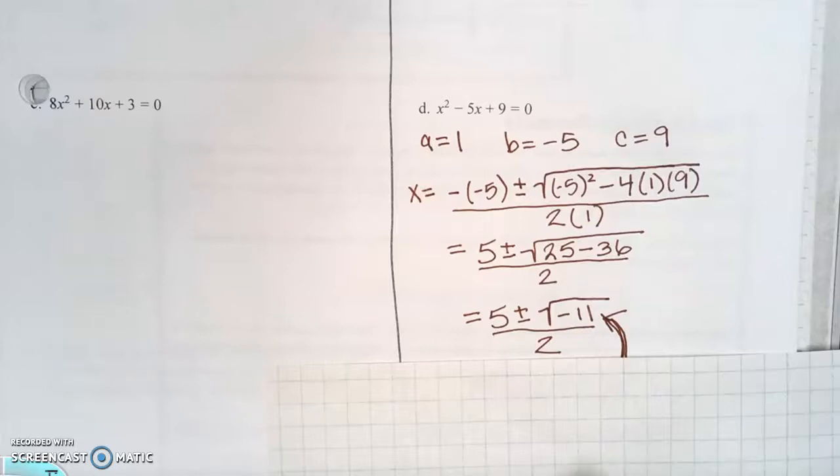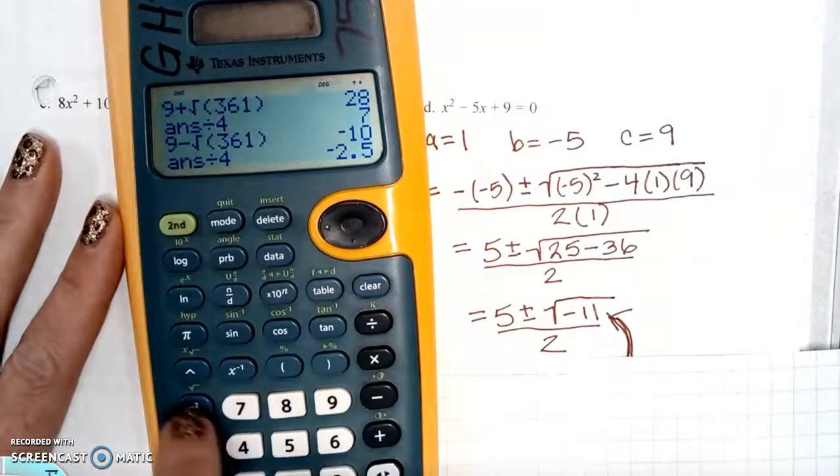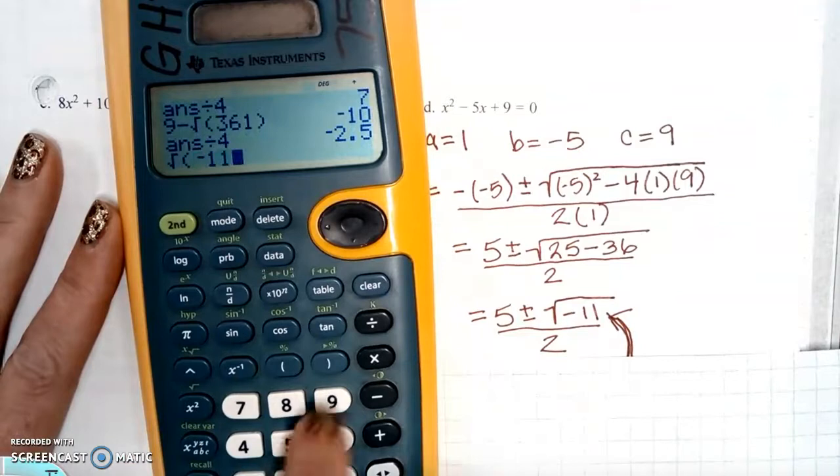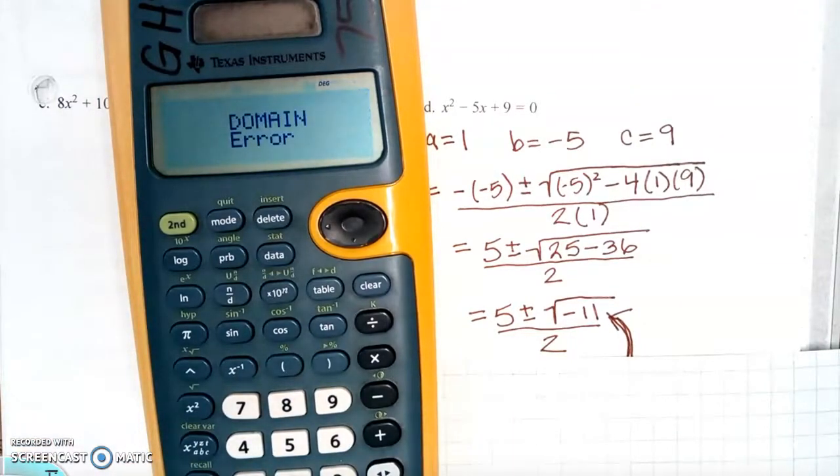we have a problem. If we go to take the square root on our calculator of negative 11, what happens? What does the calculator say? Error. Why? Right.